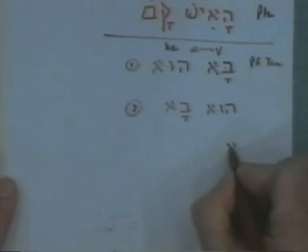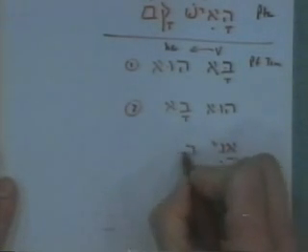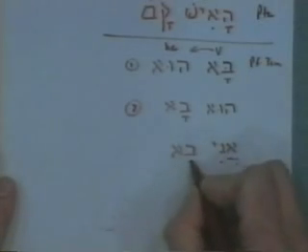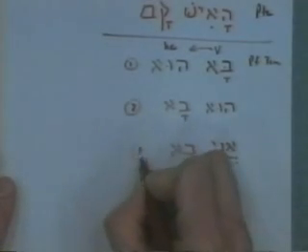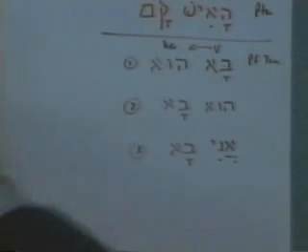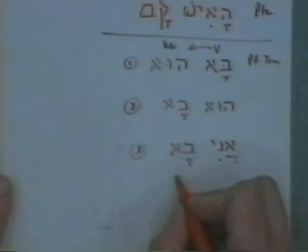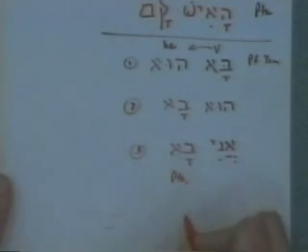Now look at this. What do you do here in number three? What's ani va? I. Now what's ba? Participle, right?